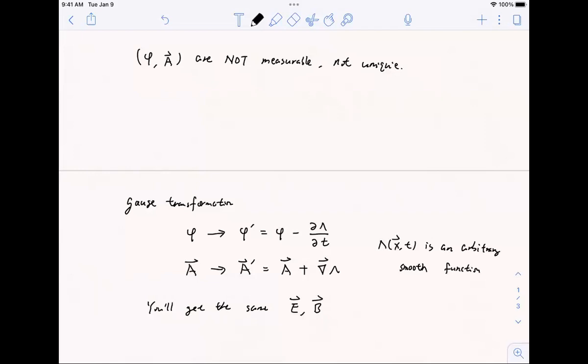Okay, so now let's consider the Schrodinger equation. You find that the Schrodinger equation does not depend on B and E directly.